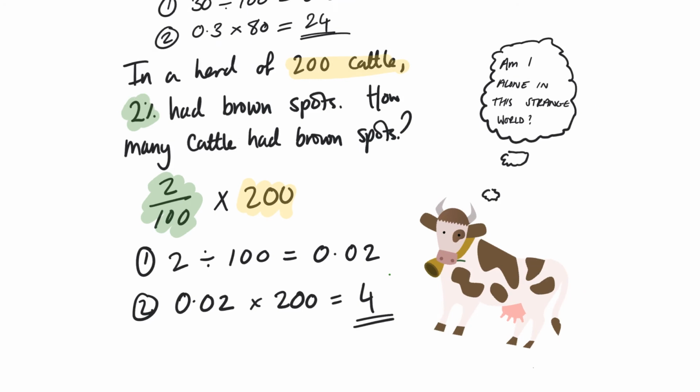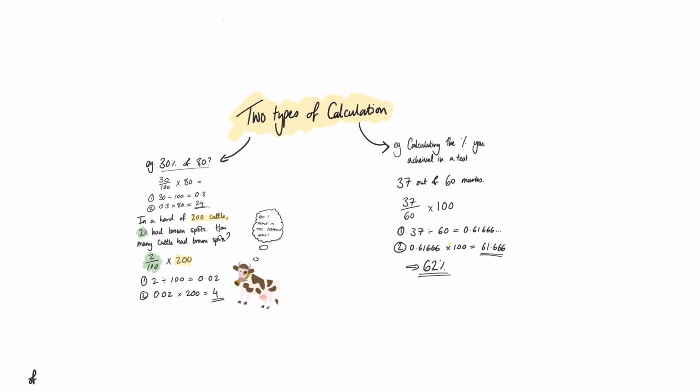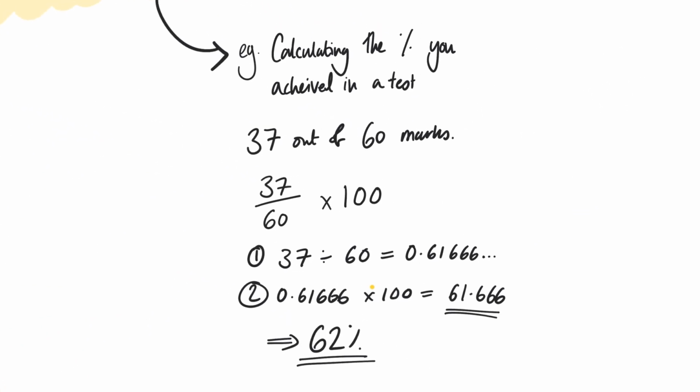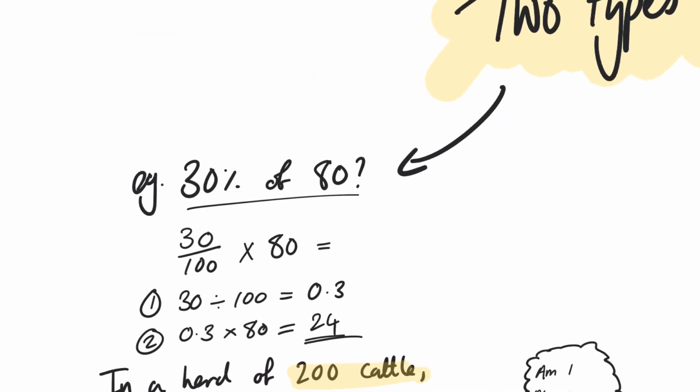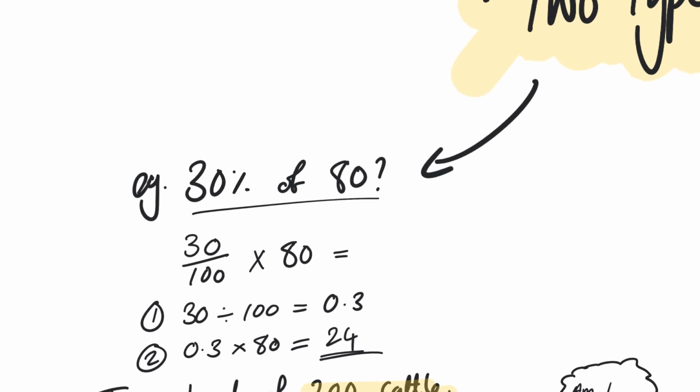So, 2 types of questions you'll be asked. 1, calculate the percentage from 2 numbers that you've been given, so like 37 out of 60. 2-step process, follow this example here. The other one will ask you to perhaps calculate the number from a given percentage.